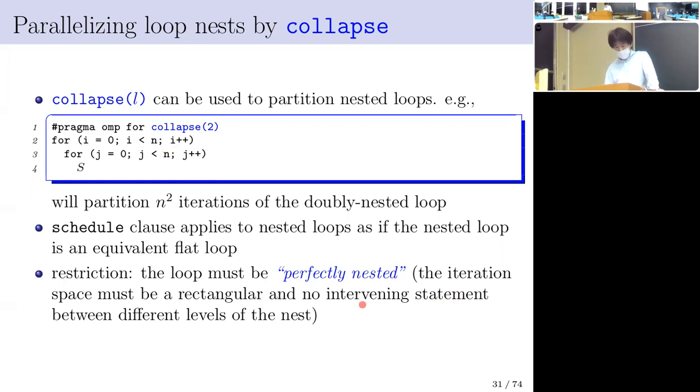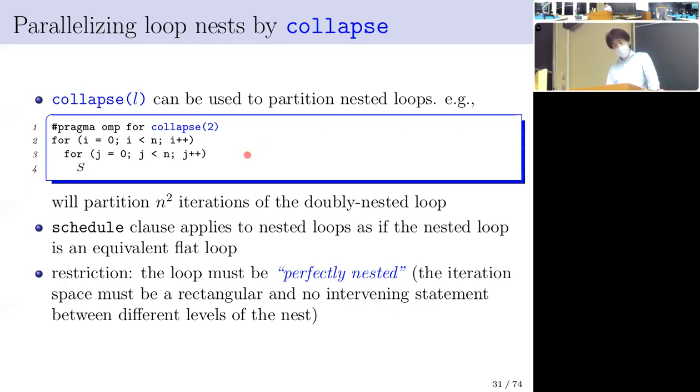And the other thing is there must be no intervening statement between different levels of the nest. So there must be no statement, for example, between line 2 and 3. That renders this loop nest non-perfectly nested.